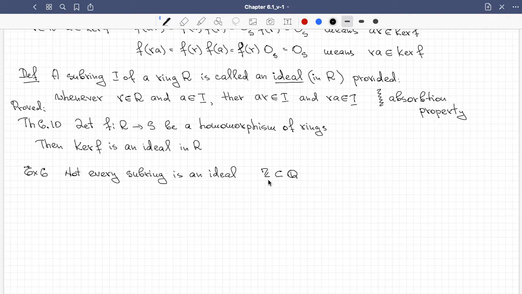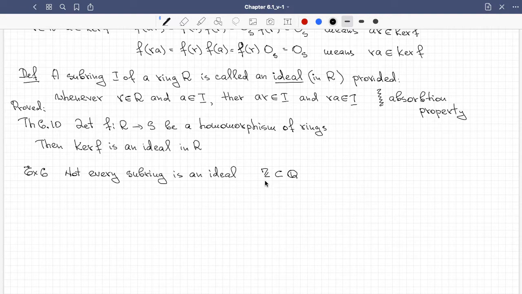This is a subring which does not have the absorption property. If you multiply an integer by a rational number, you may produce an integer, but not necessarily.